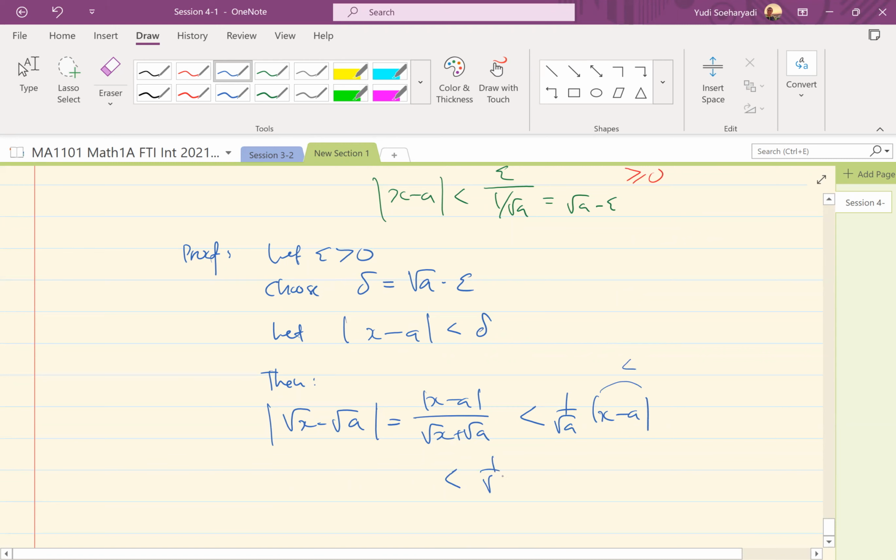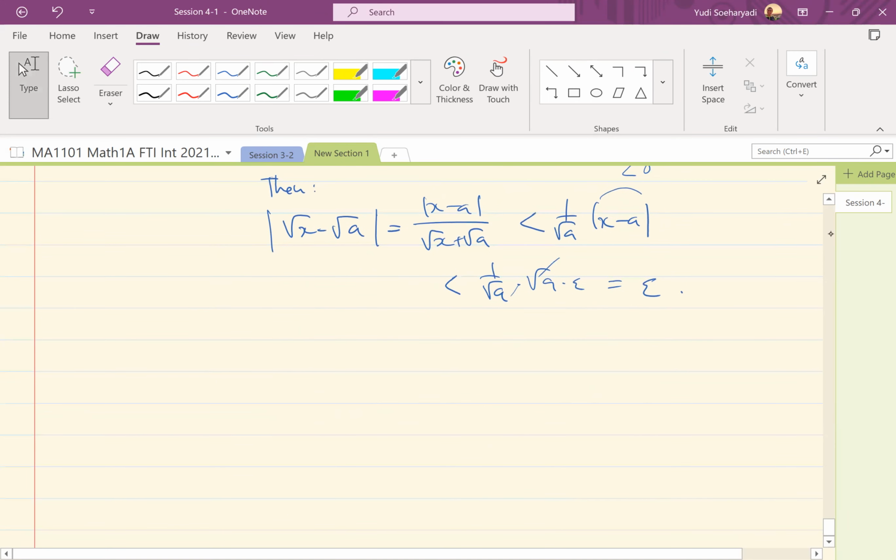This is 1 over square root of a times delta, and delta is this. Cancel. Okay. Questions?